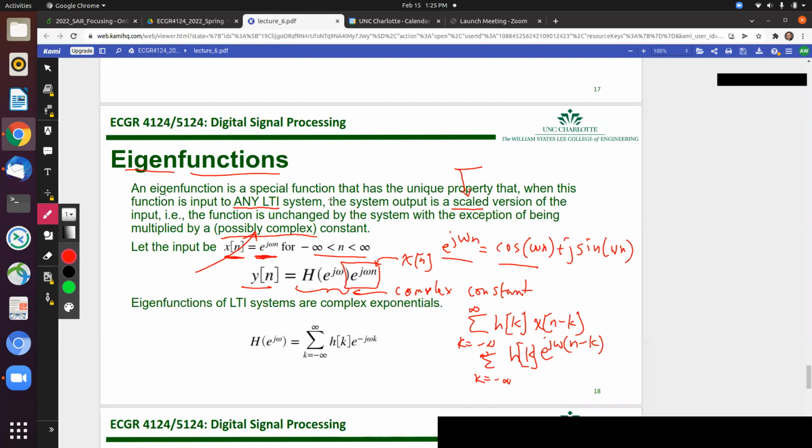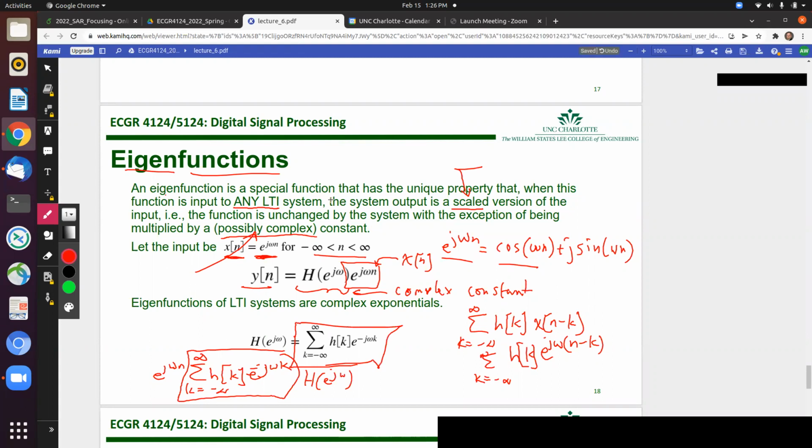So we can rewrite the sum, k from minus infinity to infinity, and take e to the j omega n out in front, and then we have h of k times e to the minus j omega k. This thing here is actually a number, and I'm going to call that number H of e to the j omega. That's what this equation says.